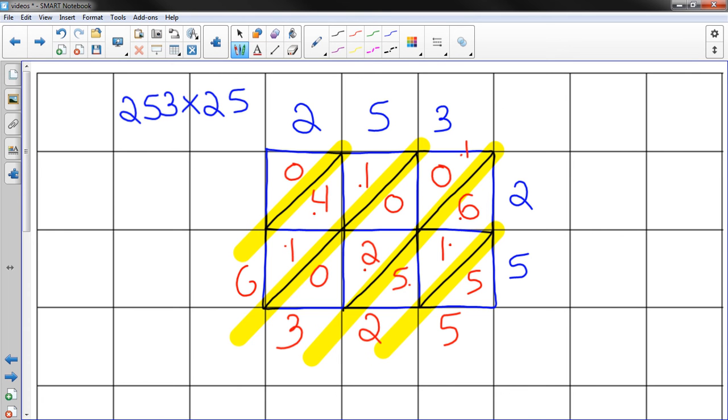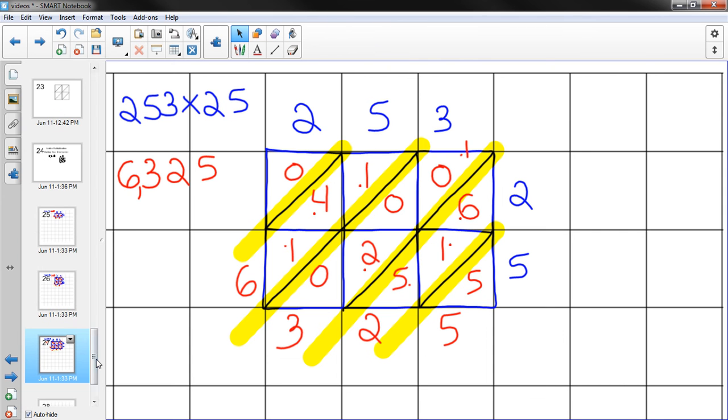That's 6. So I have a 6, 3, 2, 5. So my answer to this is 6, 3, 2, 5. Definitely put a comma in there. So the answer to 253 times 25 is 6,325.